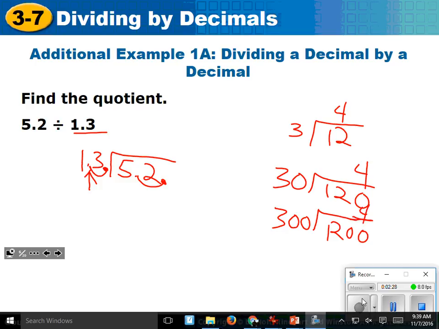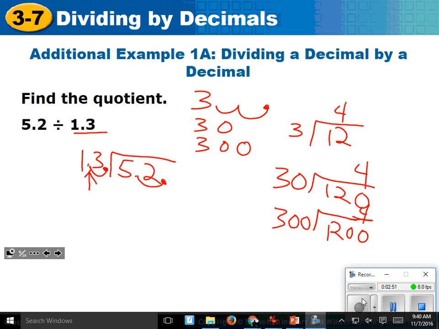As long as I'm multiplying by a power of 10, all I'm essentially doing is moving the decimal. So look at the difference between 330 and 300. I'm moving the decimal from here to here to here, right?